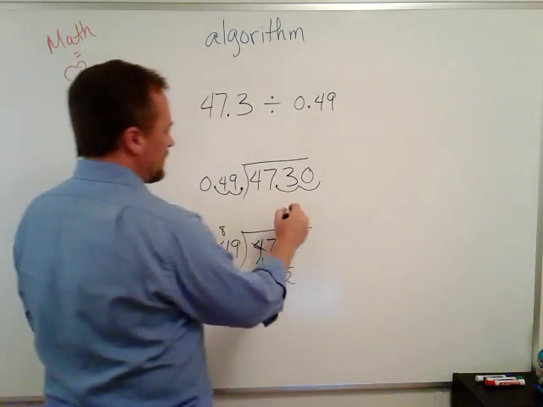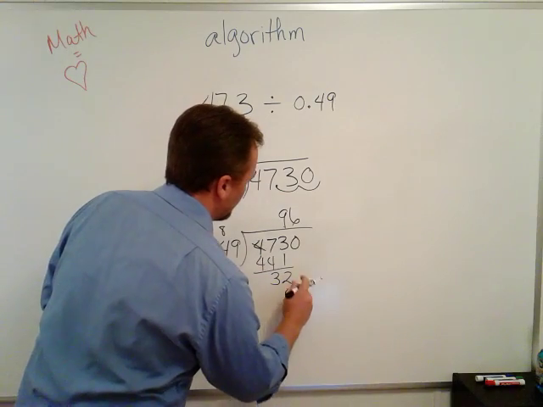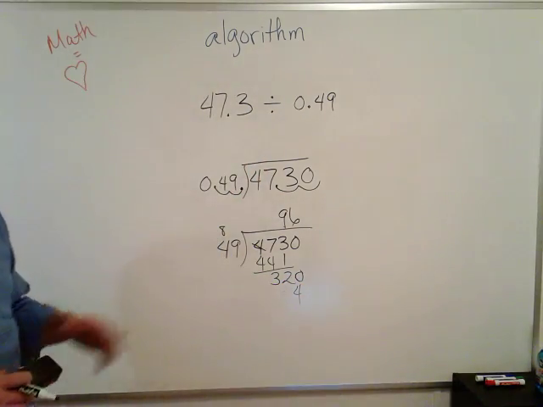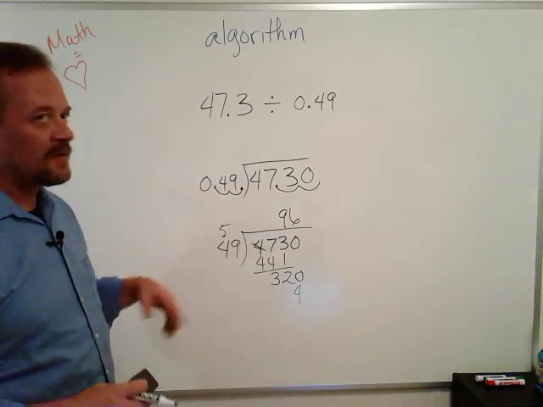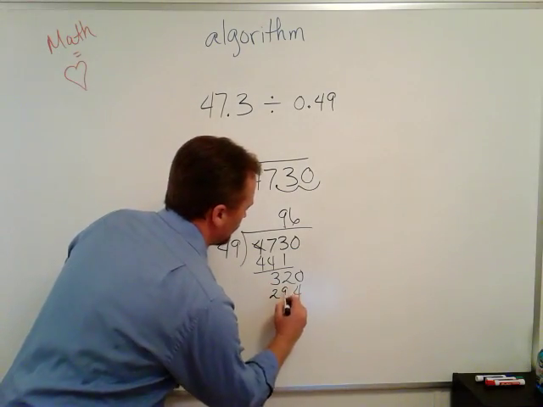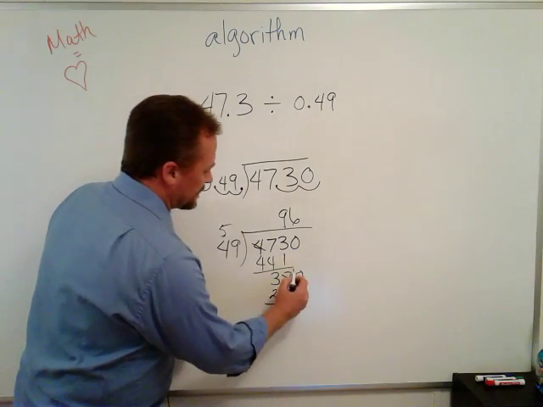Okay, so 7's too high. Let's go with 6. 6 times 9 is 54. Okay, carry that 5. 6 times 4 is 24. 24 plus 5 is 29. That's a much more friendly number because it's smaller than that number. So let's just do the subtraction.